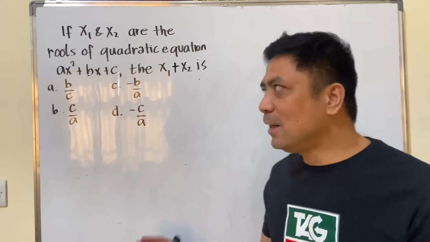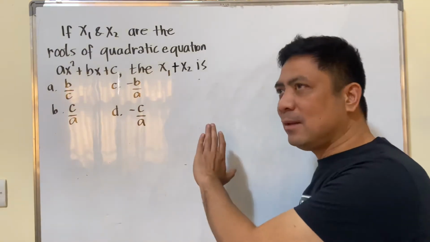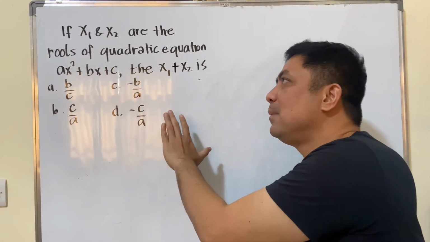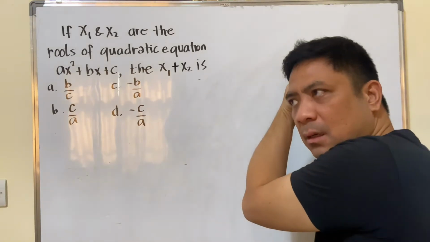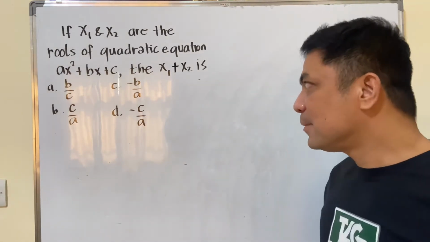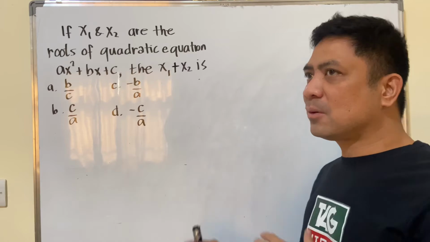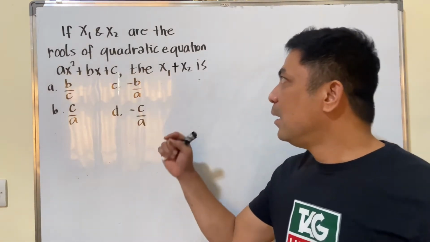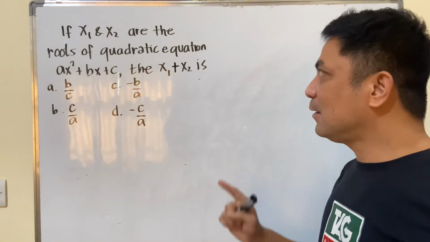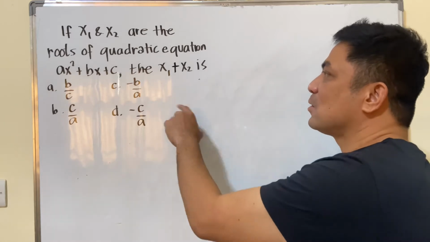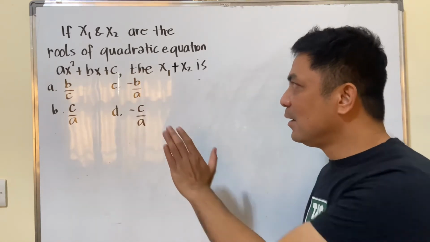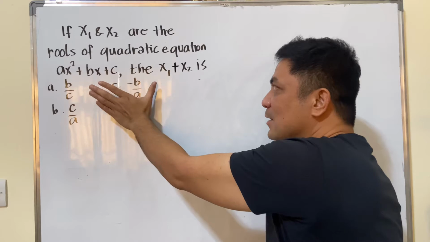Okay? So another question that can be formulated with this type of problem is the instructor or the teacher can also ask what will be the product of the roots of the quadratic equation. What is asked here is the sum.